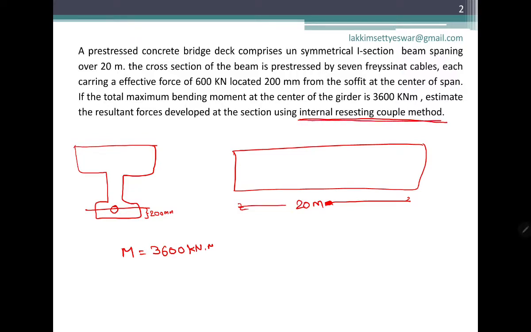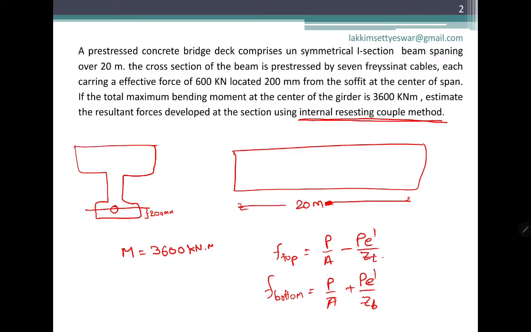So remember this method, internal resisting couple method. The resultant stresses are F top and F bottom. The formulas are P by A plus PE dash divided by Z bottom, and P by A minus PE dash divided by Z top.